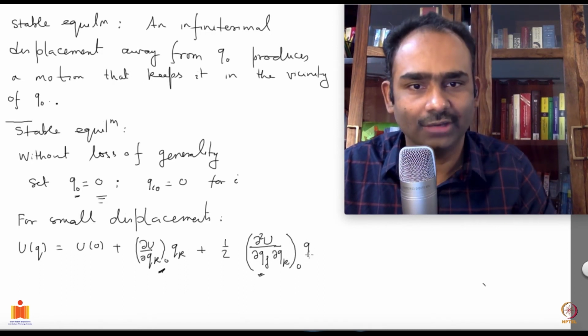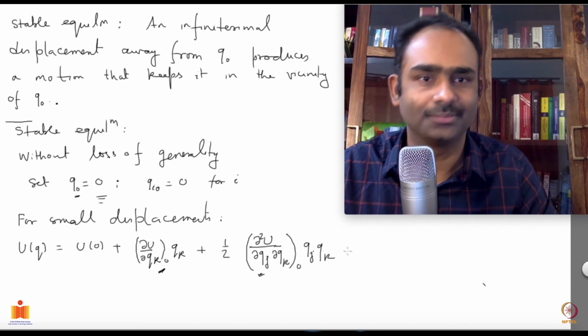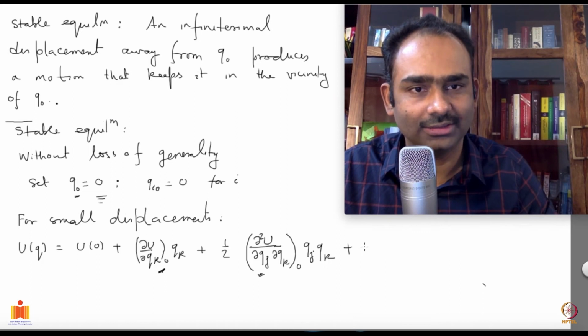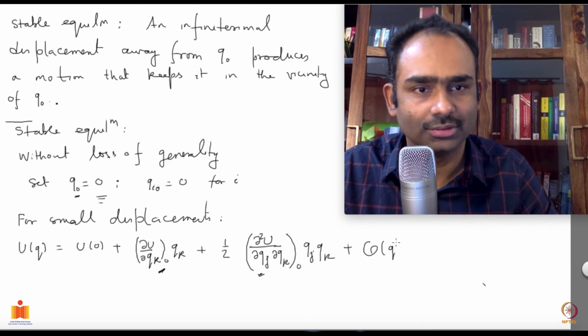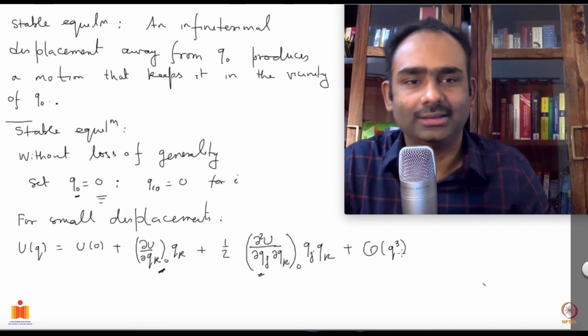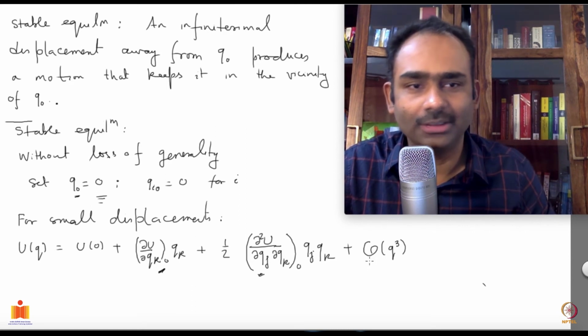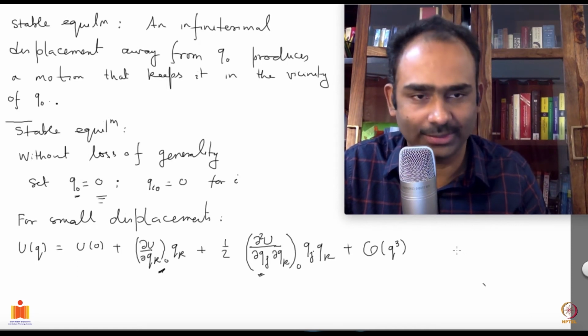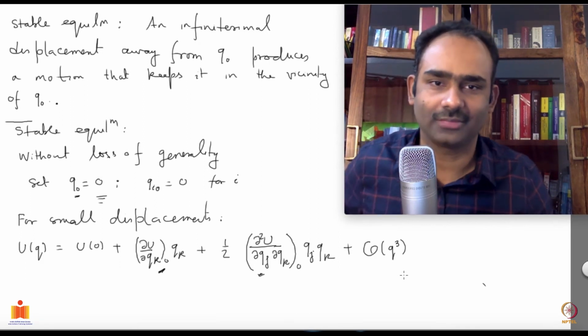Then you have q_j q_k, plus all other terms, which I will write as order q cube. By this symbol I mean I'm dropping all these terms which I am not showing; they are all order cube or higher. Depending on the system, some of the terms may vanish, some of the orders may be absent, but generically this is what the statement would be.